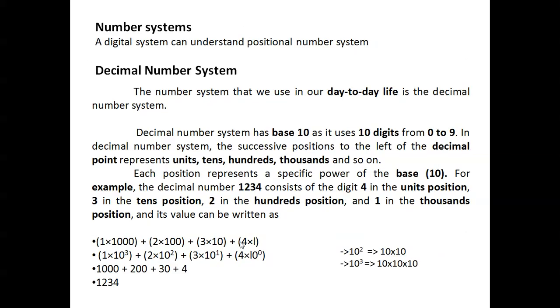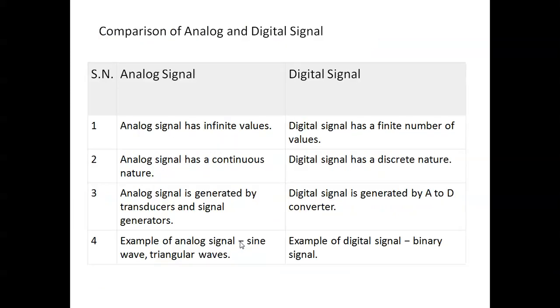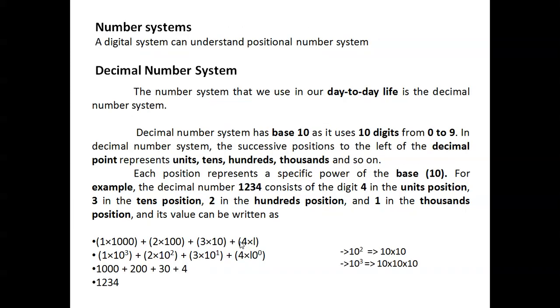So far we have seen analog and digital. Now we are going to see the number system. A digital system understands the positional number system. First, the decimal number system, which we use in our day-to-day life. The decimal number system has base 10.